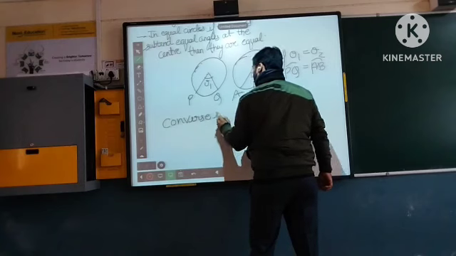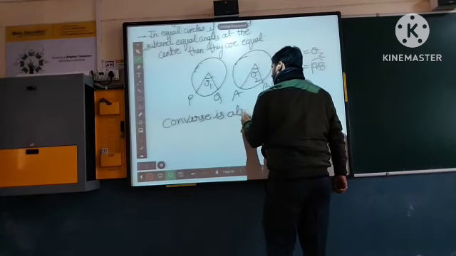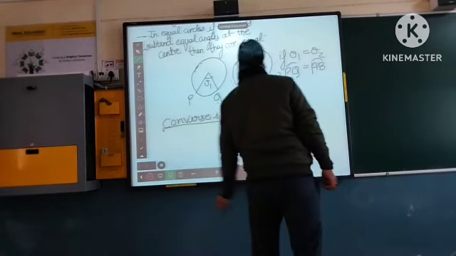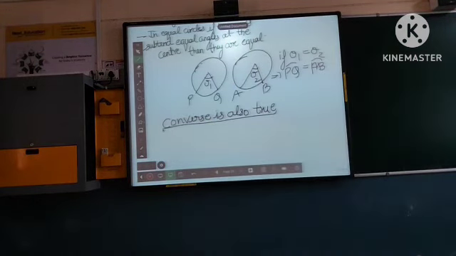Conversely, we can say in equal circles, the converse is also true. If the circles are equal and if the arcs are equal, they subtend equal angles at the center.